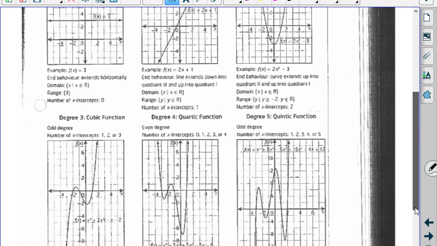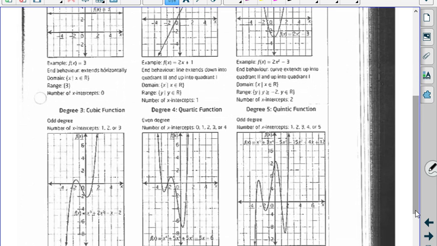Now, here is a summary of zero degree functions all the way up to quintic functions. They have the general shape. The number of turning points will change depending upon what the function is. But if I say a quintic function with a positive leading coefficient, it starts down there, ends up there.